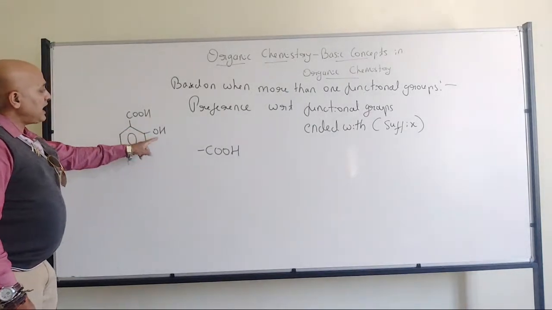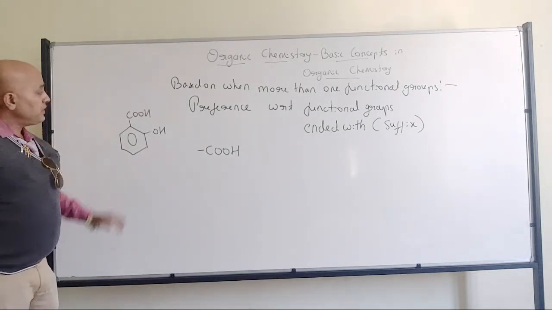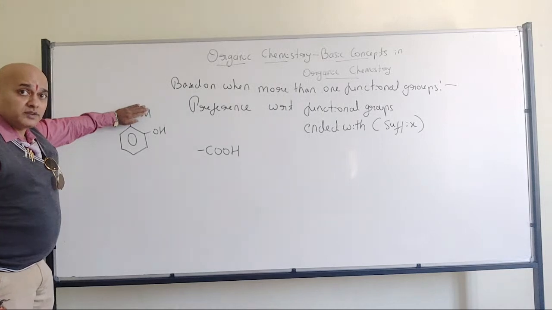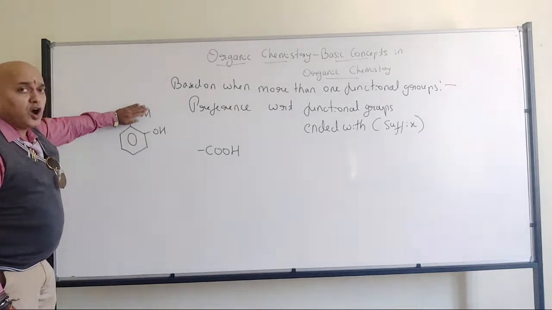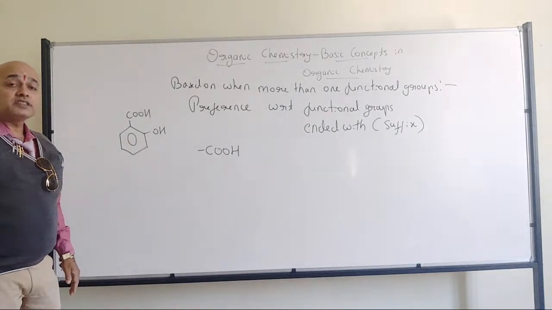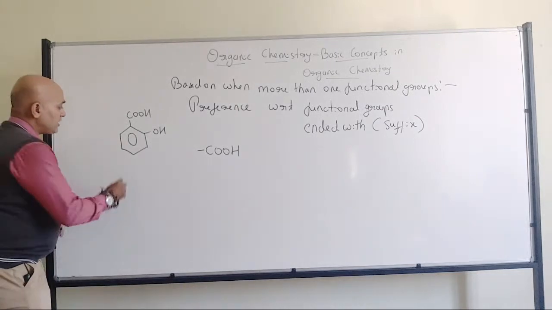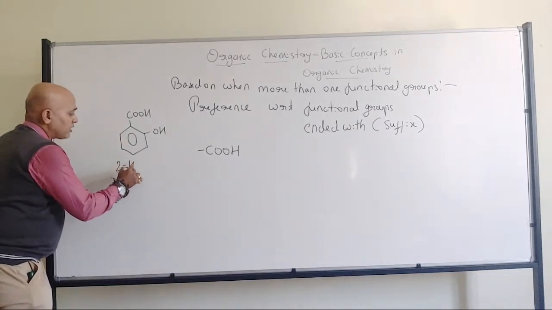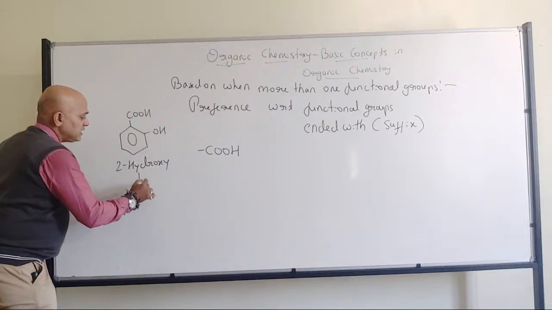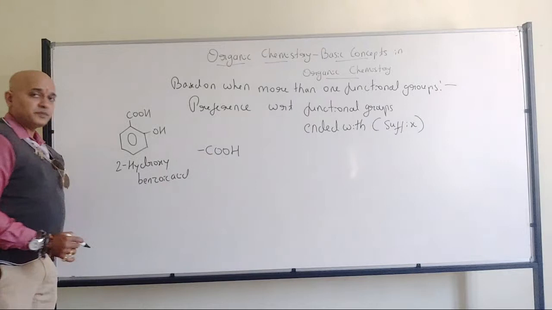Now this molecule has OH also, and a carboxyl group also. If I take out the carboxyl group, this molecule is actually phenol, alcohol group is there, phenol, OL. But when carboxylic acid is there, this molecule will be called benzoic acid. We will call it 2-hydroxy benzoic acid. Can you see the difference?